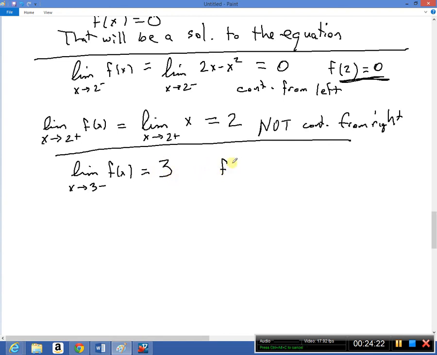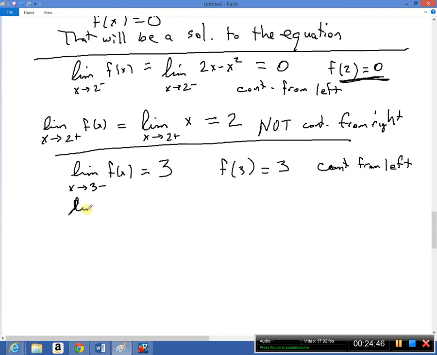What's f of 3? Well, it's the same formula, because this says when x is less than or equal to 3, I have to use x as my formula. So x is 3, so f of 3 is 3. And that matches the limit. So once again, yes, continuous from the left.